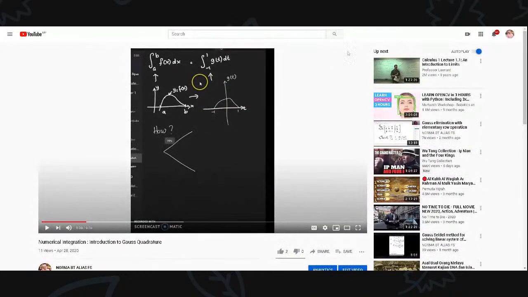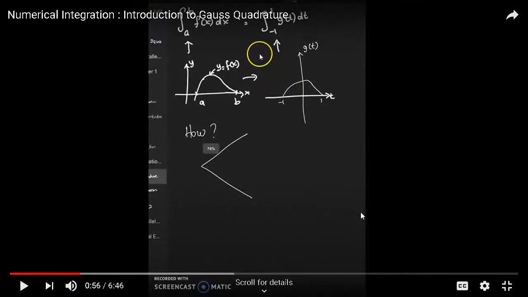Now let me share the screen again about the Gaussian quadrature. When you go to the graph here, you see that the graph is symmetric, on the left and right.